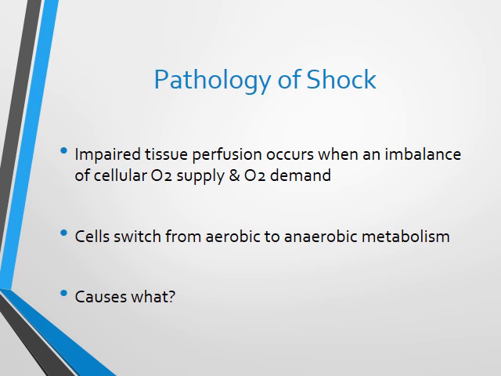You will see cell function cease and the cells swell, which causes a membrane around the cell to be more permeable, which throws off that sodium and potassium pump. Then you'll see mitochondria damage, which can result in cell death, which then the tissues can't absorb any of the oxygen.